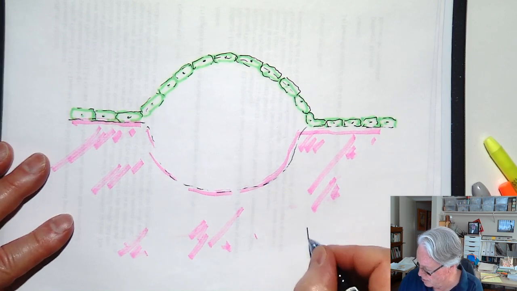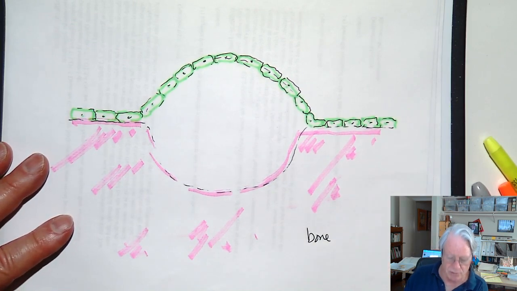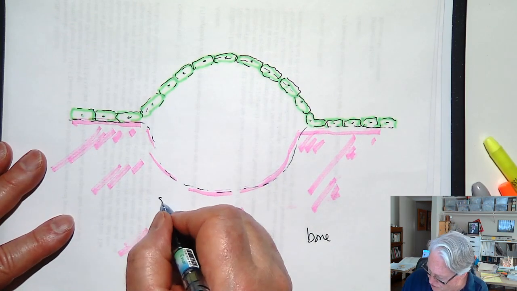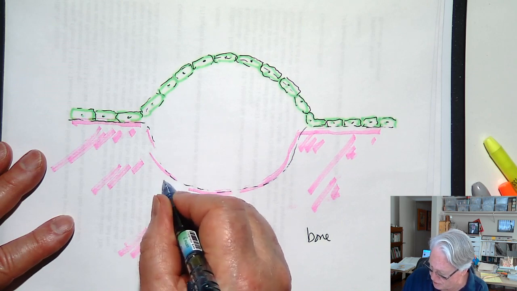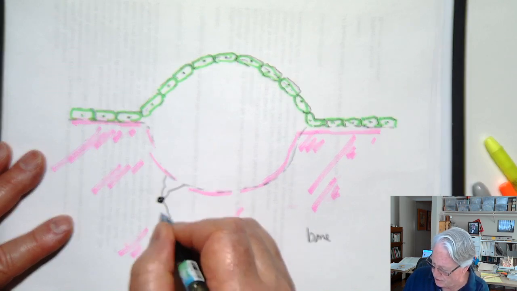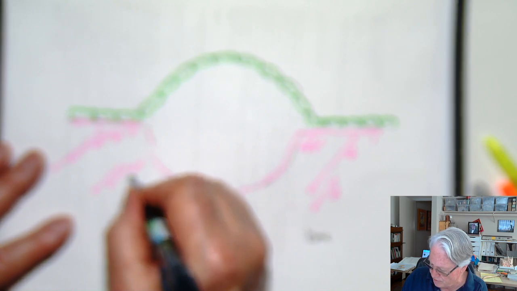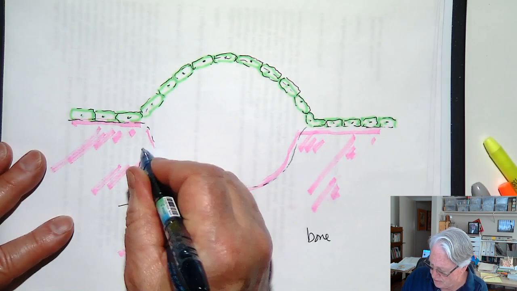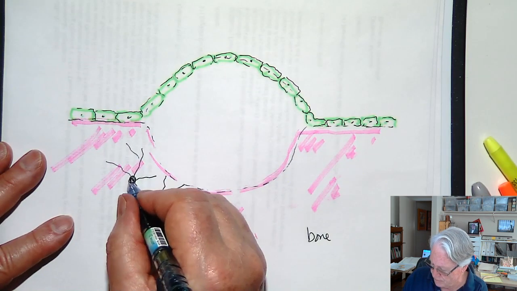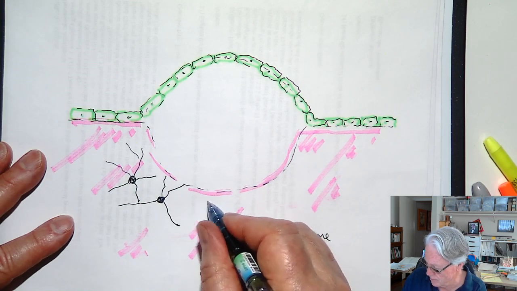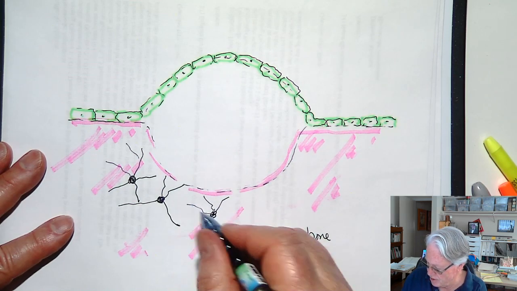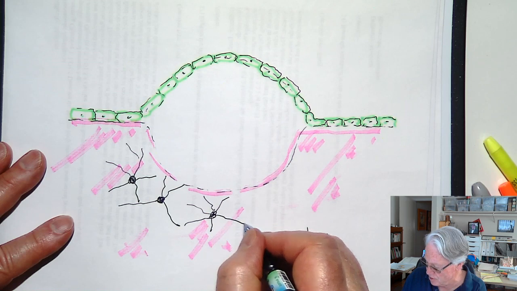So this is bone. And of course, what we know is that we have these cells, the osteocytes, in that bone. And I'm just going to rough those in pretty undramatically. Okay. These are the cells that have detected the need for change.